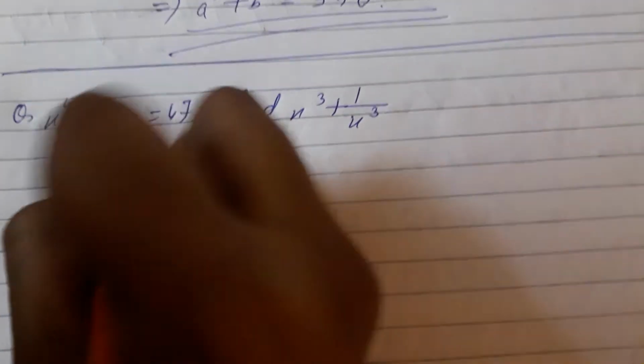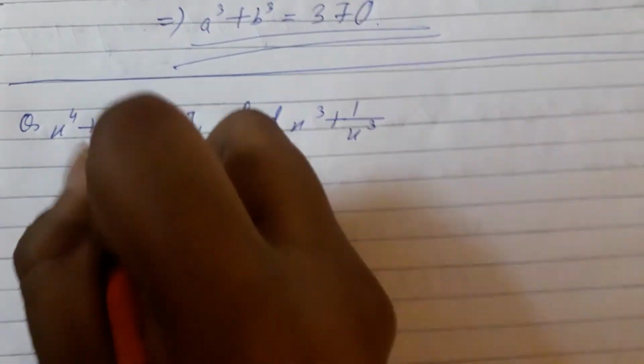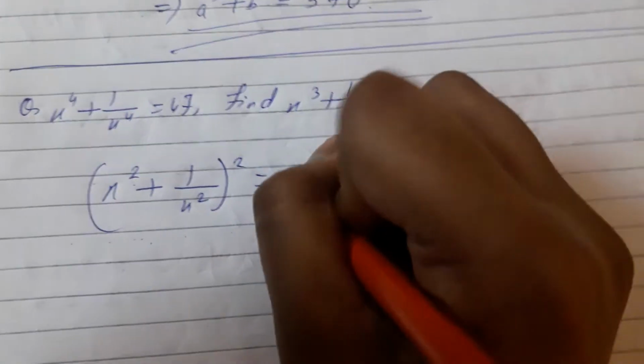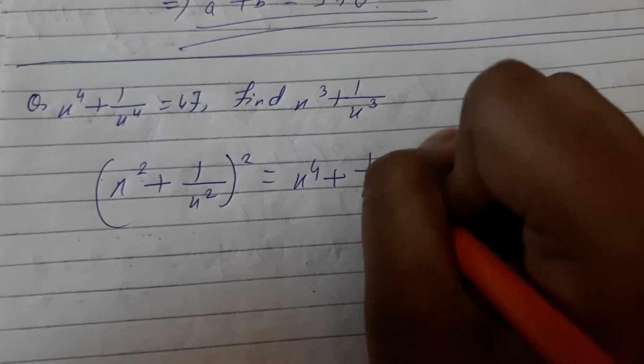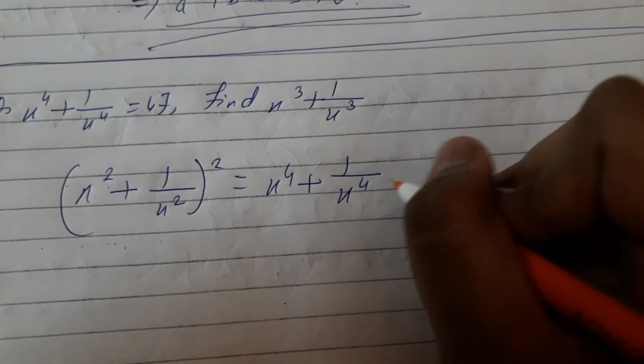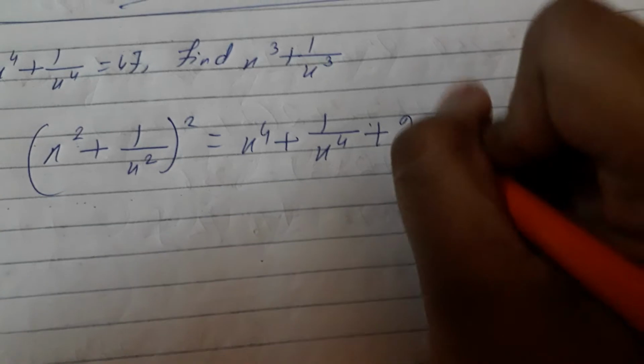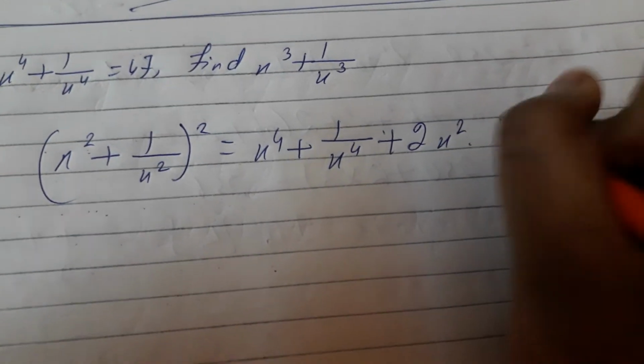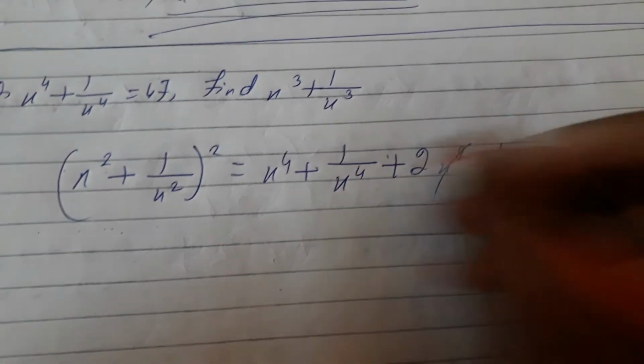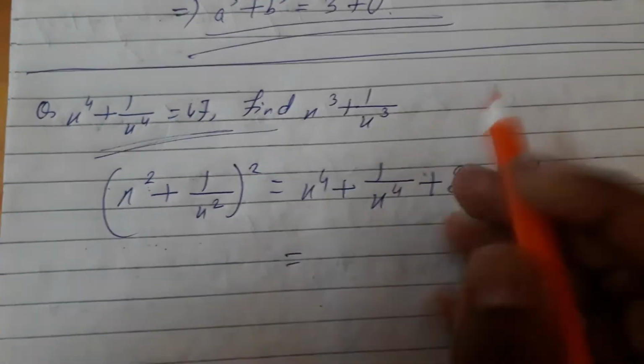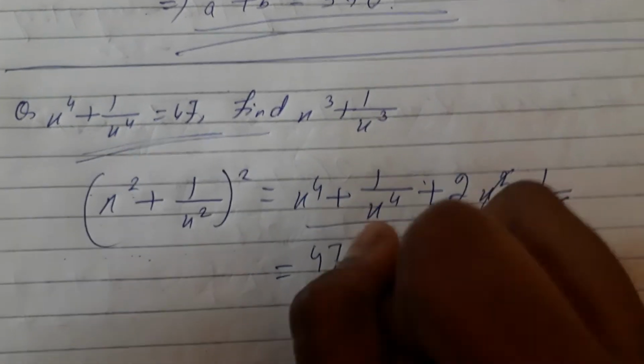Now you can write x square plus 1 by x square whole square will be x to the power 4 plus 1 divided by x to the power 4 plus 2 into a into b. Now this will be cancelled out. The value is already given, that is 47 plus 2.